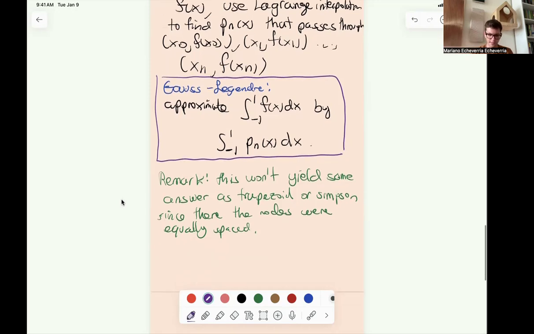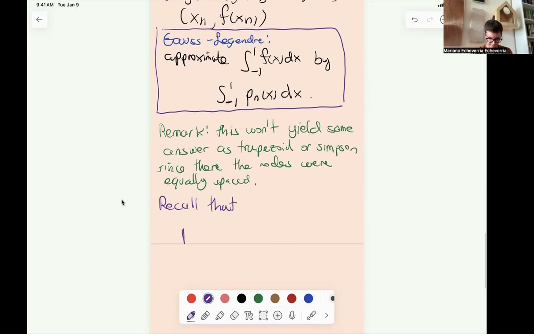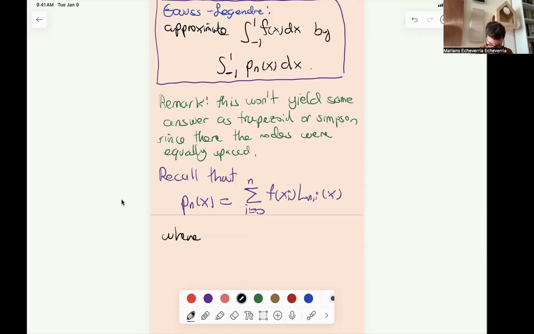So remember that using Lagrange, recall that you can give a formula for the Lagrange polynomial, right? Because of the interpolation formula, it would be the sum up to n of f of xi times L of n,i of x, which is how I was calling them in class. What was L of n,i of x?